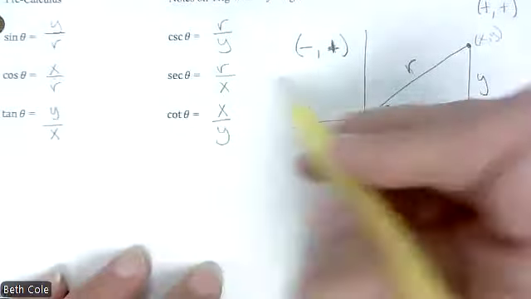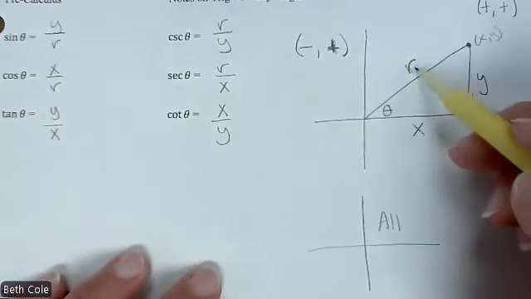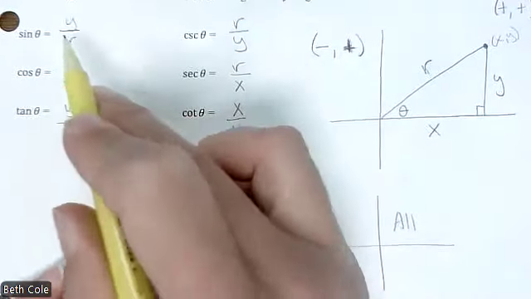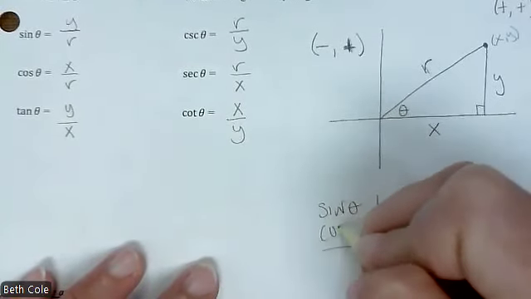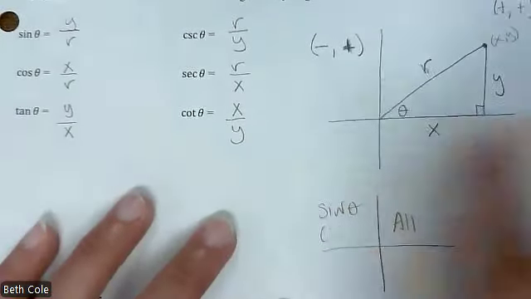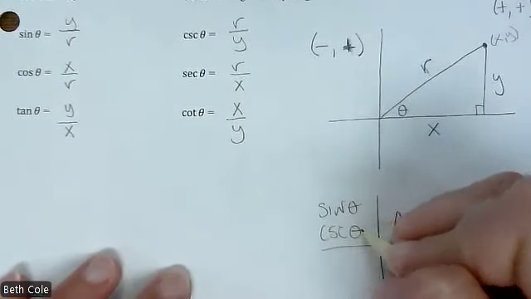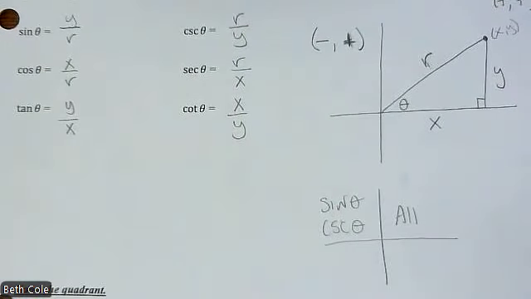So which ones over here involve the y value and r? Sine and cosecant. Those ones are positive. Again, we're writing where they're positive. Sine and cosecant are positive in quadrant 2. Because just in a minute, we're going to play the name that quadrant game, and you have to figure out which quadrant you're in. Right?